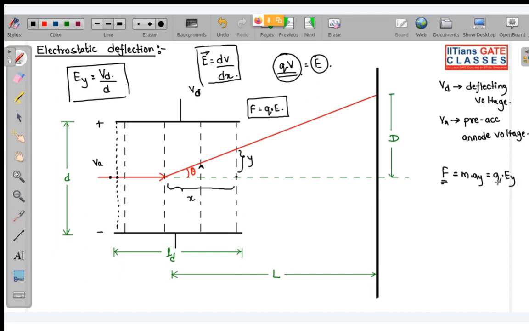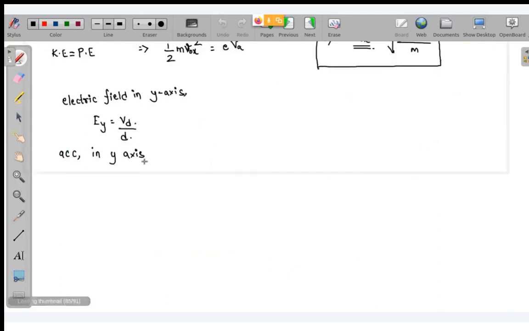Where Q is the charge of the electron. So I am going to write this on the next page. m ay is equal to Q dot Ey. So m into ay is equal to Q, the charge of electron, into Ey, which is Vd by d.